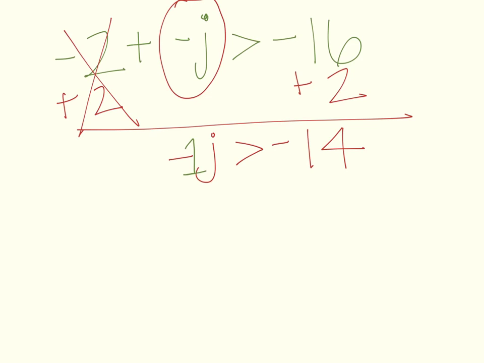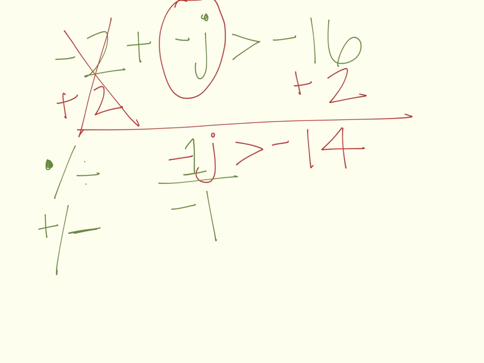Remember, the inverse of multiplication is division. The inverse of adding is subtracting. So right now I'm asking you, what's the inverse of multiplying by -1? Multiplying, so what's the inverse? Dividing. So now I'm going to divide by -1.